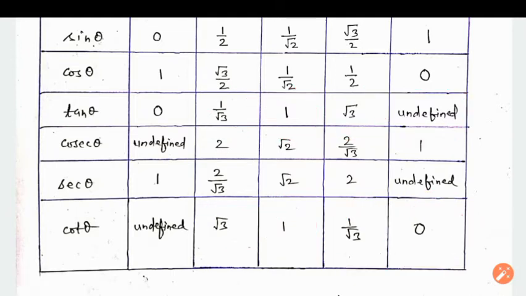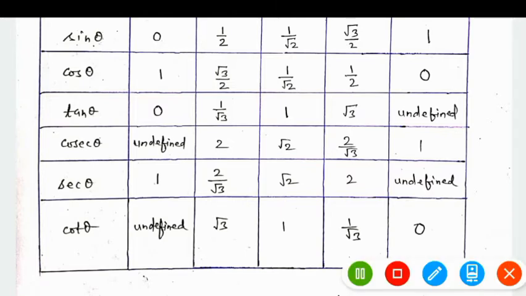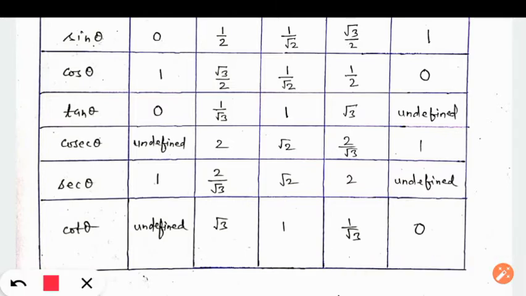So this is how we now know the values of sine, cos, tan for any angle, and when that angle becomes a standard angle, 0, 30, 45, 60 and 90, this table shows their different values at the different standard angles. So you need to memorize this table, okay?